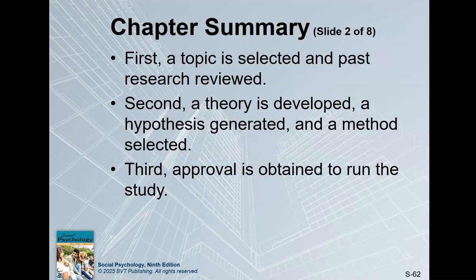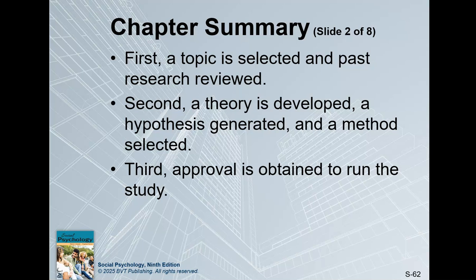So first, a topic is selected, and then former research is reviewed. Second, a theory is developed or a hypothesis is generated, and then we select the method that we're going to use in our study.